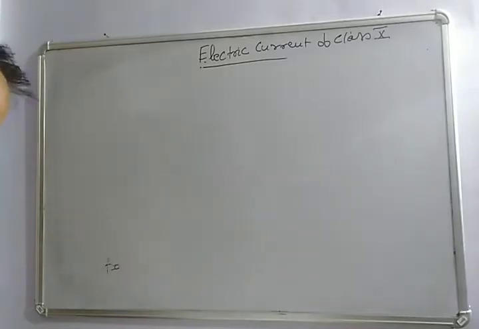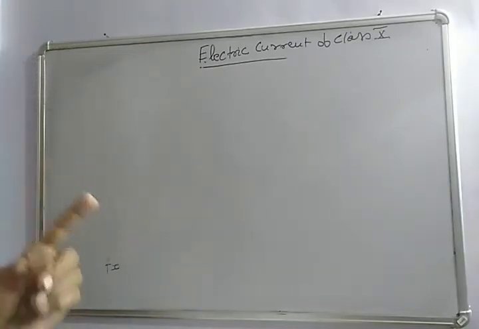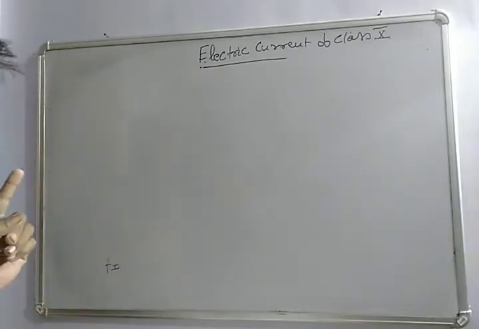In electric circuits, the force which drives the charge or flow of electrons is the EMF of the battery or an alternating current. Charge is 1 coulomb when 6.25 into 10 to the power 18 electrons move, or 1 ampere current flows in 1 second. So this is all about the charge.